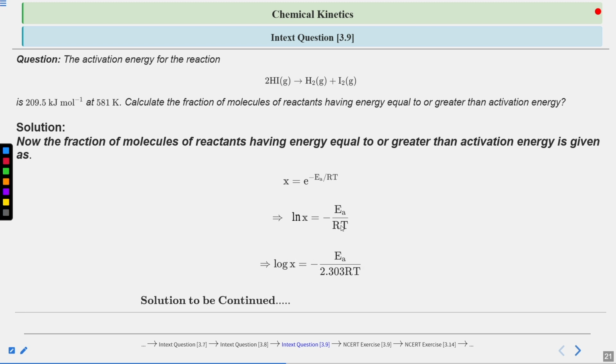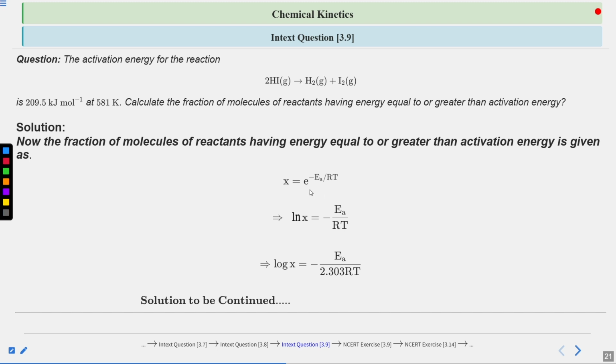Now here, we are multiplying this term by 2.303 to convert ln to log. Log is basically base 10, and ln is log base e. In ln, the base is e, so ln e is 1.